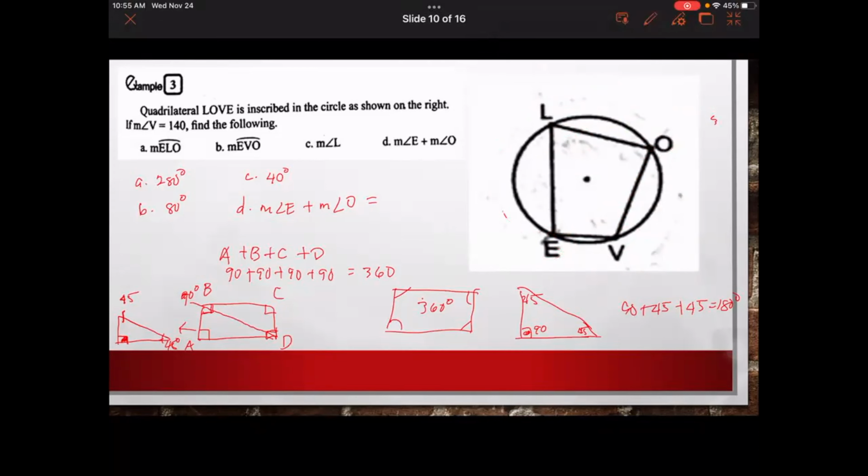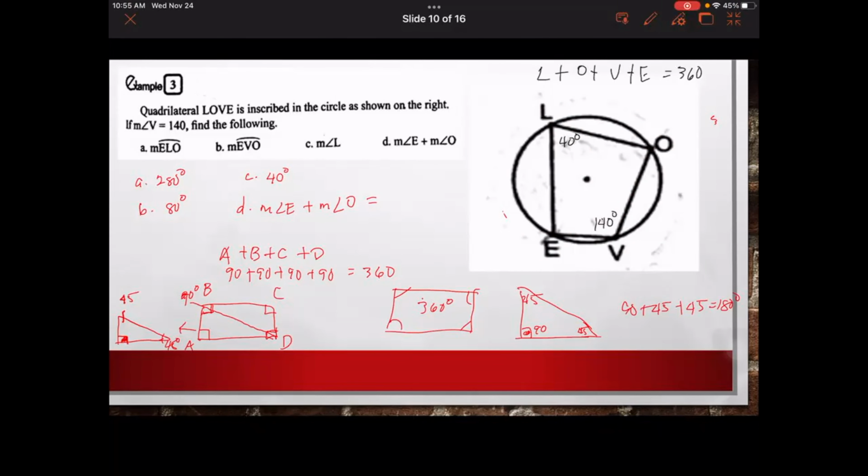Ito ay 140. Tapos ito kanina ay 40 degrees. So, ano ba yung i-add natin? We have here the angle L plus angle O plus angle V plus angle E is equal to 360 degrees.